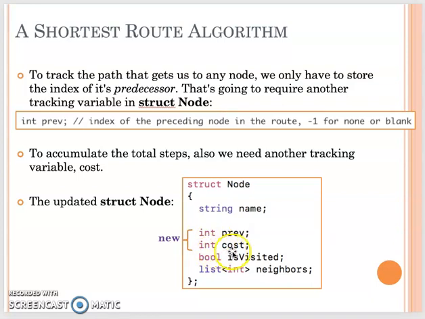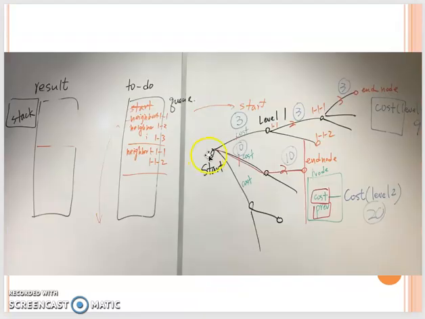Then the second is the cost. But this cost actually is so far the total cost. So for example, you see from here, when I have the start, when I go to the level 1, on the level 1 neighbor, you have 1, 2, 3. So then you will see their cost to come to this point will be 1.